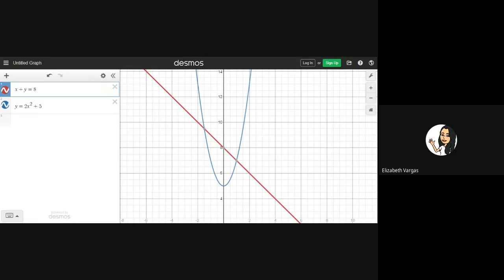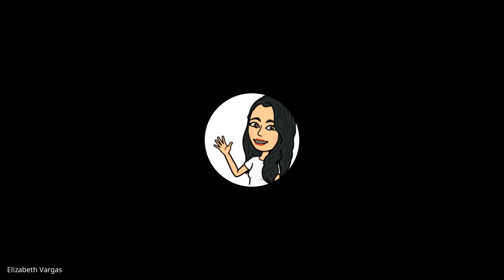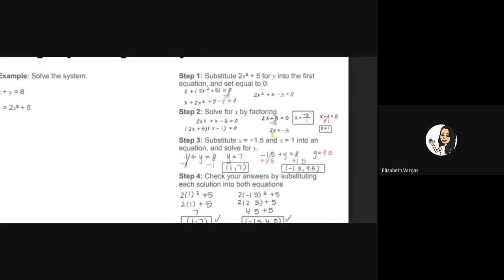I'll just quickly show you what it does look like if you were to do it algebraically. Give me 1 second. So if you were to do this algebraically, you would basically follow each of the steps.